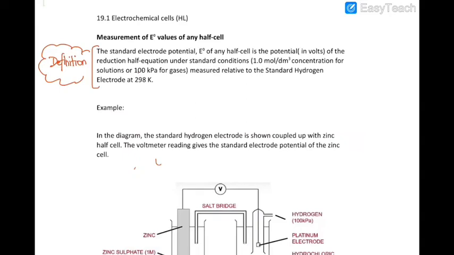This is the definition of standard electrode potential. So standard electrode potential of any half cell is the potential of the reduction half equation under standard conditions. So you have to know the standard conditions, measured relative to the standard hydrogen electrode.